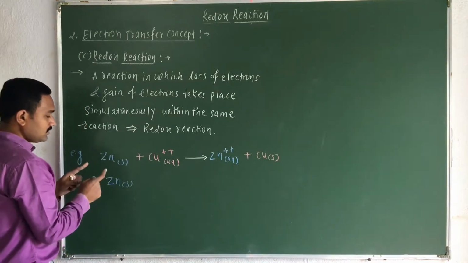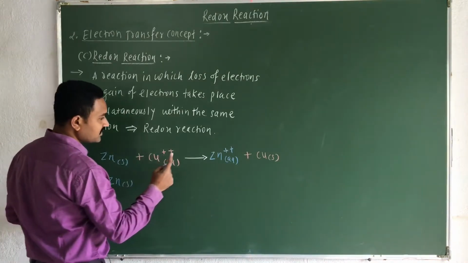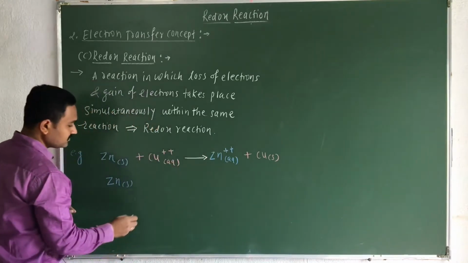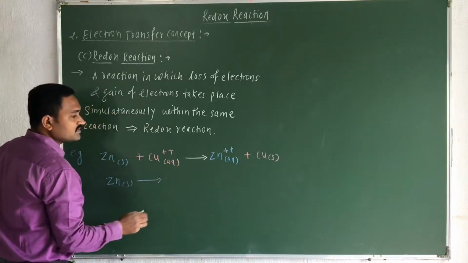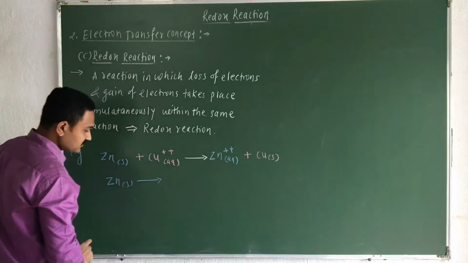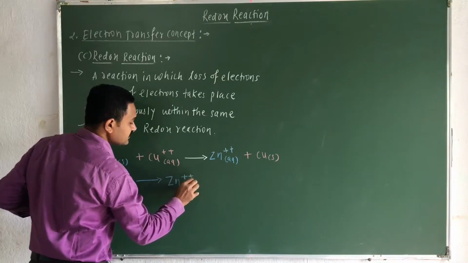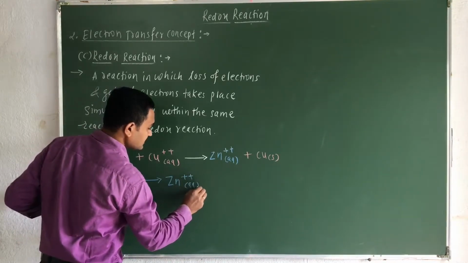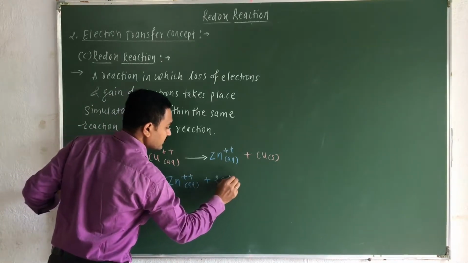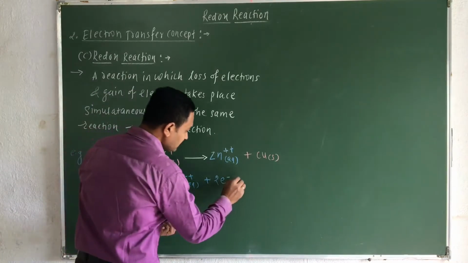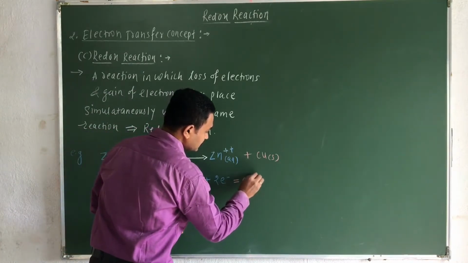In this reaction, zinc converted to Zn2+ ion, so obviously there will be a loss of electrons. Hence this will be the oxidation process: Zn gives Zn2+ aqueous plus 2 electrons.